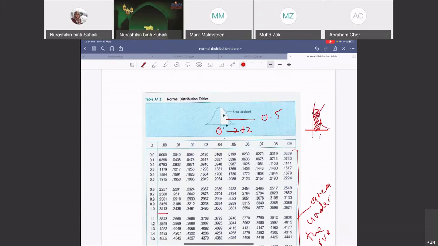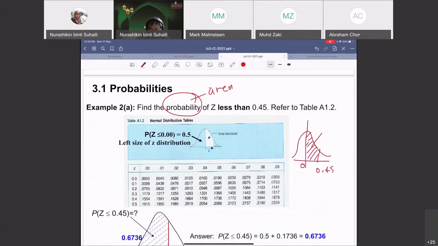So you have to know that rule of this Z table, okay? Because in some cases you have to subtract the tail area. It depends on the situation, right? But the basic thing is that you have to know how to use the table. So in this case, it's quite straightforward.